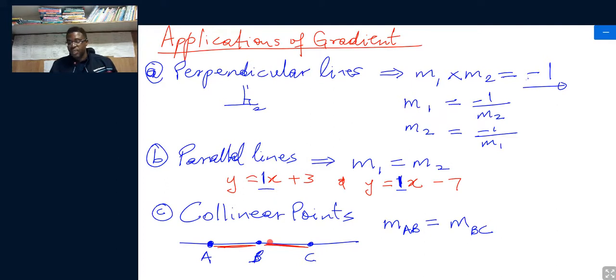If these gradients are equal, it means the 3 points are collinear. It means they lie on the same line. That is all about the applications.